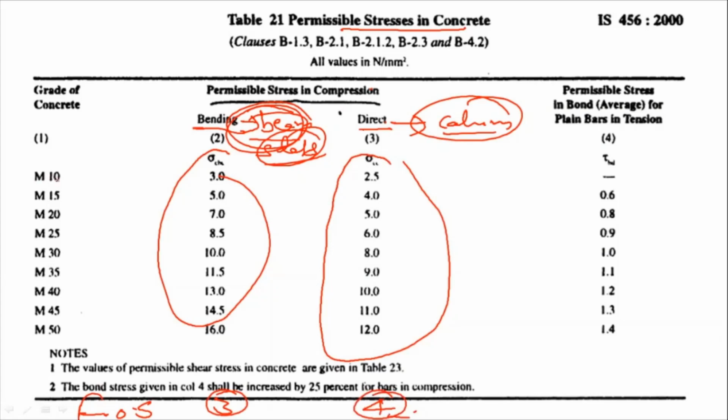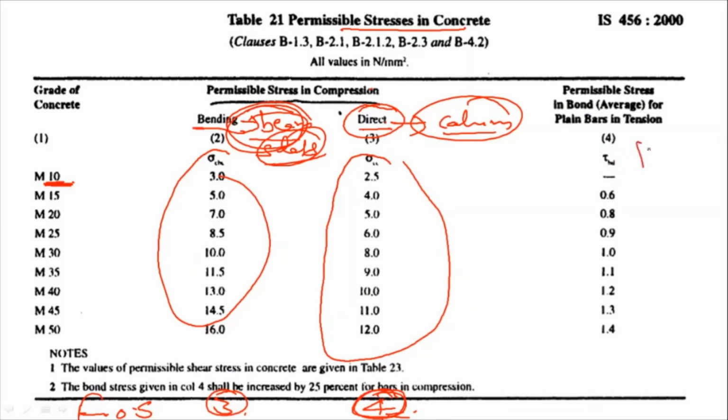So the strength of the material divided by 3 will give you these values, and if they are not rounded to 0.5, you have to take the nearest value. For direct compression, the factor of safety is 4, so you take the grade of the concrete divided by 4, which will give you the permissible stresses in direct compression.